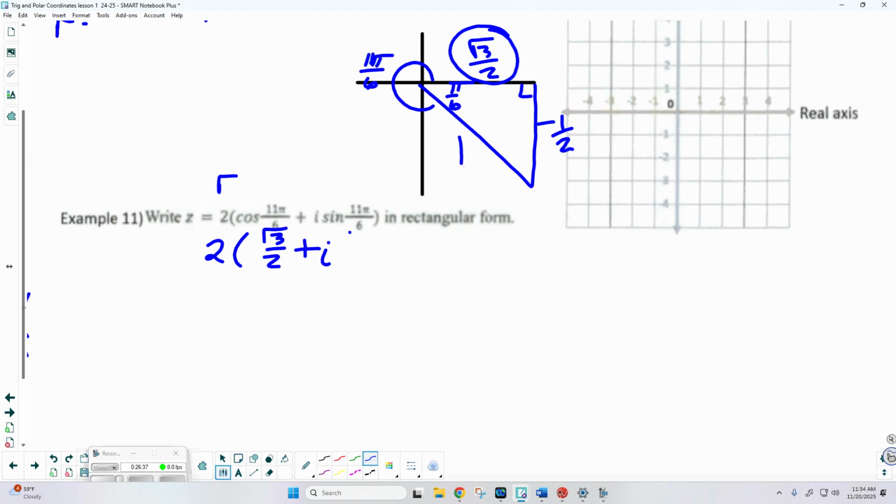Plus i times, let's see here. Rami, what is sine of 11 pi over 6? Remember, sine is the y variable. Oh, that's tangent.